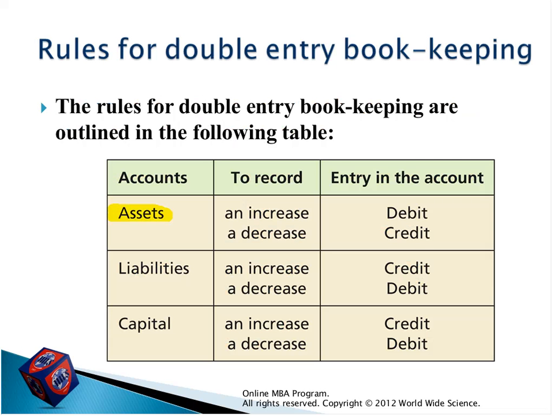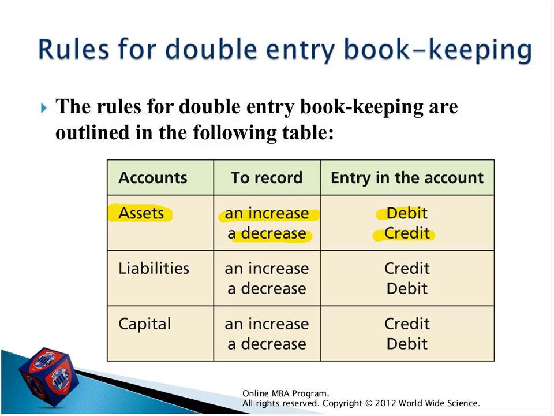If our assets increase, for example cash in the company increases, we should put it on the debit side, and the debit side would be increased. If our cash is decreased, we show it on the credit side that it has decreased. The money goes out from the company.